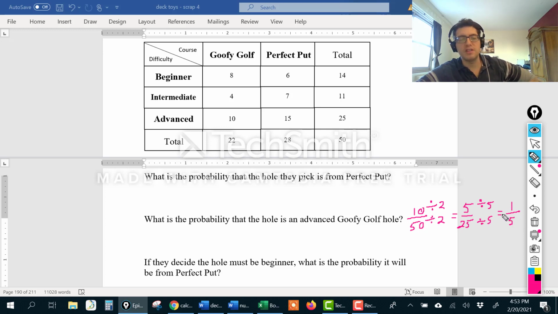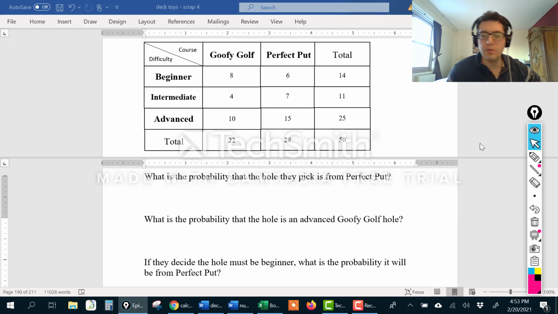So just keep doing this until you can't reduce anymore. And you would get the same answer that you would have gotten if you had reduced originally by the greatest common factor, which in this problem was 10. Okay? All right, and notice also that 2 times 5, the numbers that we divided by here, 2 times 5 is 10, which is the greatest common factor that we used earlier.